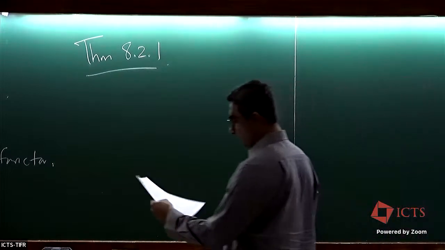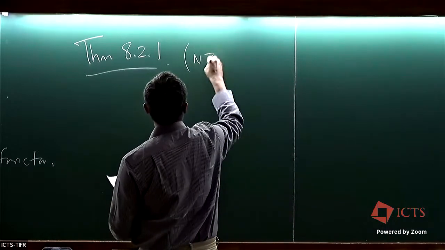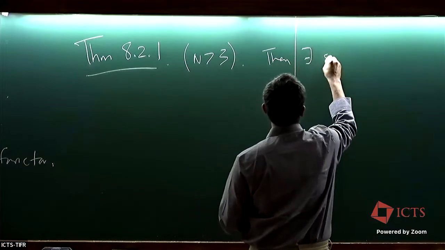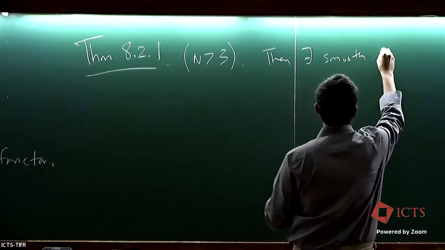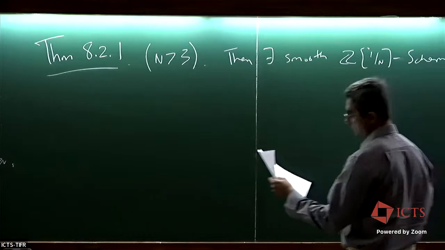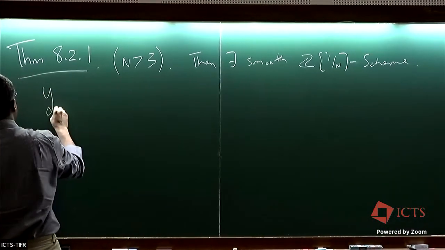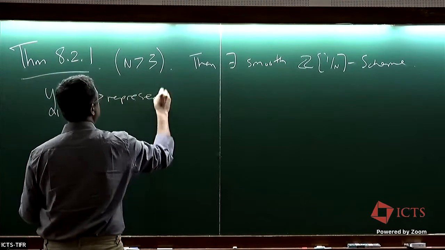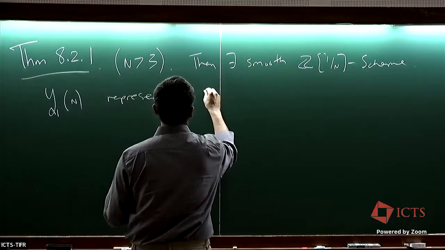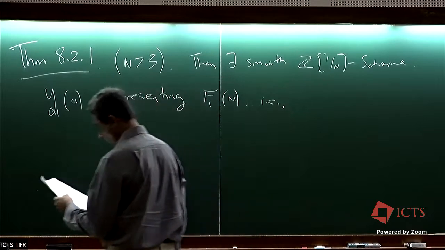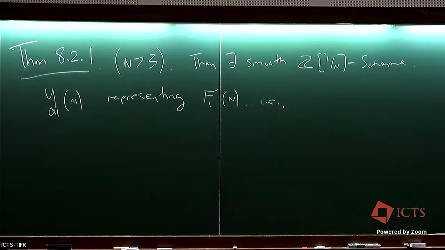Okay, so this is Theorem 8.21 in Diamond-Im. Suppose n is not 1, 2, or 3, then there exists a smooth Z[1/n]-scheme Y_1(n) representing F_1n, i.e., the functor is just given by the S-valued points of this scheme.